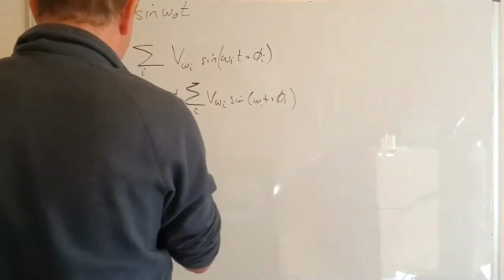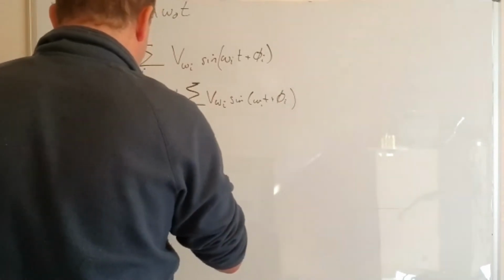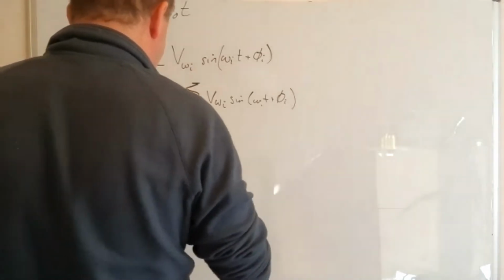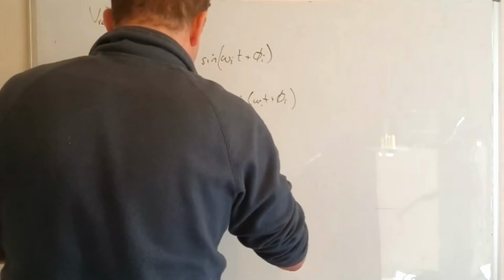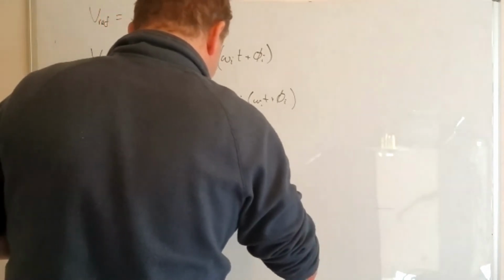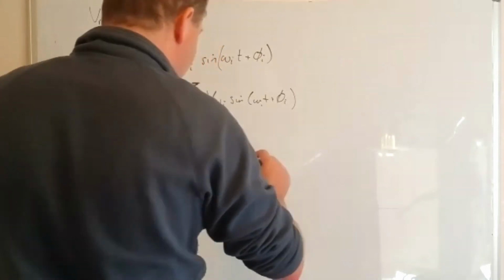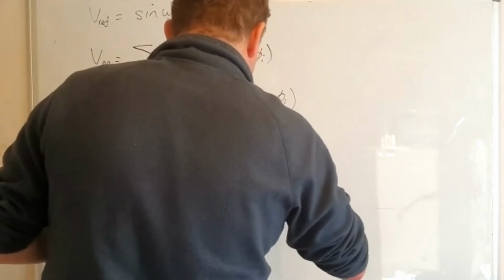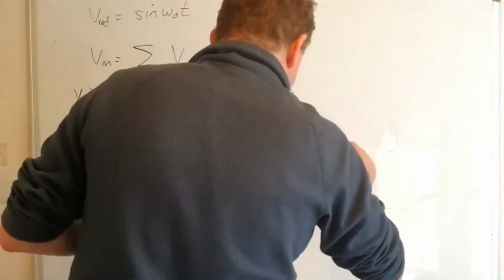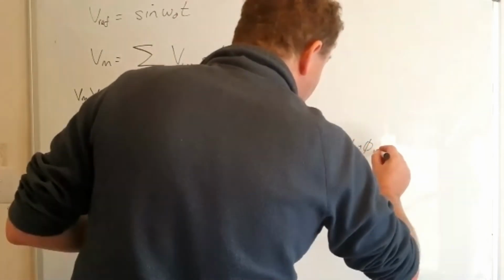So we write this now as V omega naught sine squared omega naught t plus a sum for omega i not equal to omega naught of V omega i sine omega naught t sine omega i t plus phi i.